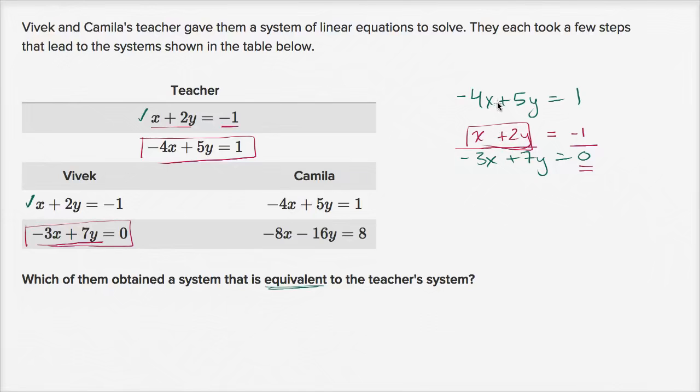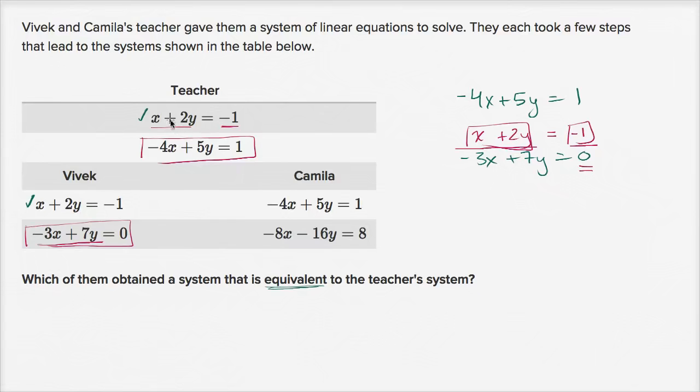If I don't want to change the solution, I have to add the same thing to the right-hand side. Well, for the solution to this equation, x plus 2y is equal to negative 1. So negative 1 is the same thing as x plus 2y for that solution. So we're not going to change the resulting solution of the system. It's a completely legitimate operation.